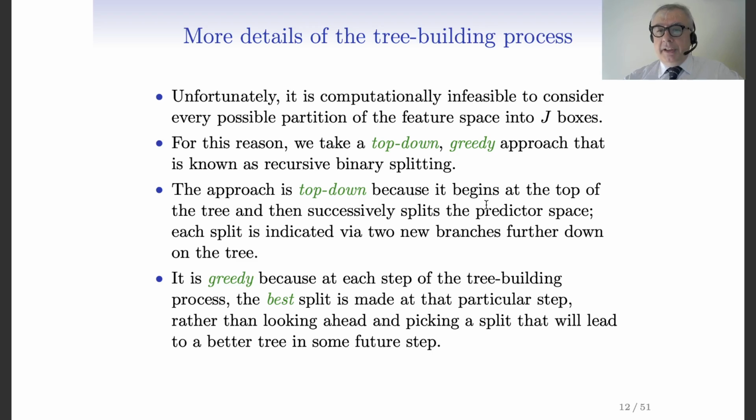And this greedy approach is known as recursive binary splitting. It is a top-down approach because we start at the top of the tree, and we start splitting the predictor space, and each split is going to create two new branches that go down. So we start from the top, we have a first split, so we have two branches, then we will decide if either of these branches has to be split again, and so on.